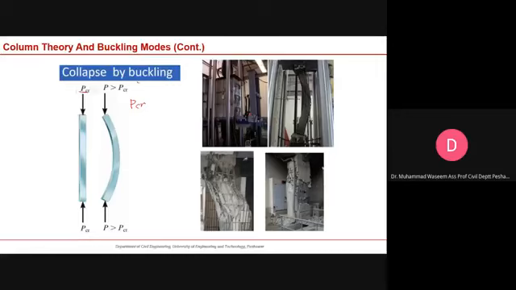Similarly, these are pictures of reinforced concrete columns which have failed in stability, by buckling. This is also failure by buckling. In other words, the axial load acting on this member is either equal to or greater than the critical load.